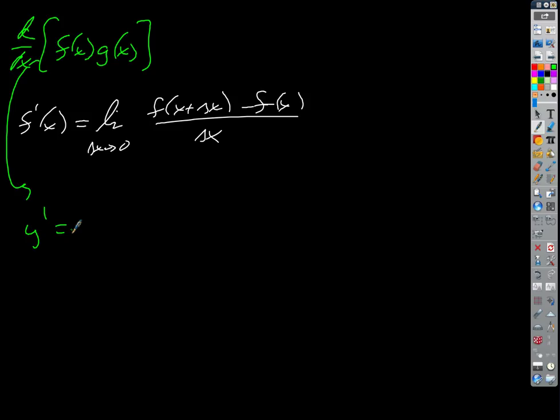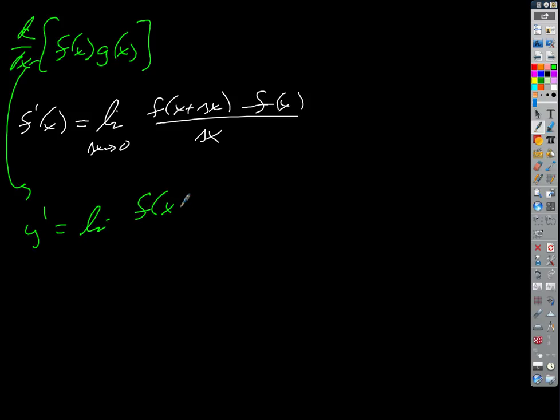So what's this going to look like then, Richard? If I've got my function up here, I've got two of them put together, instead of just f of x plus delta x, what am I going to get? Well, no, it's not f of g, it's f of x times g of x. So when I evaluate this whole thing at x plus delta x, did everybody see that this is what I'd get?